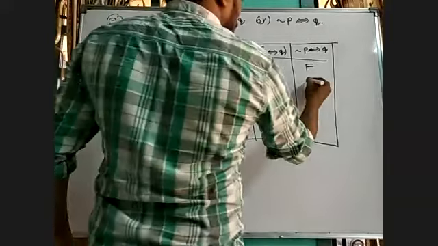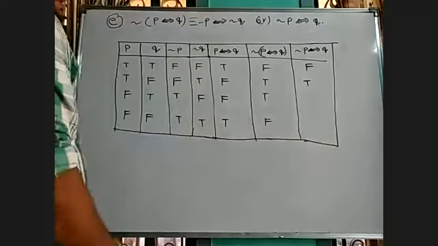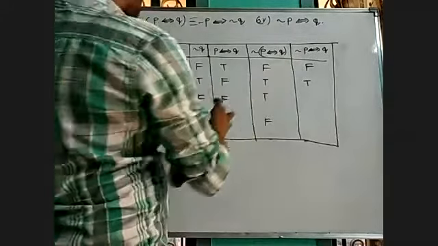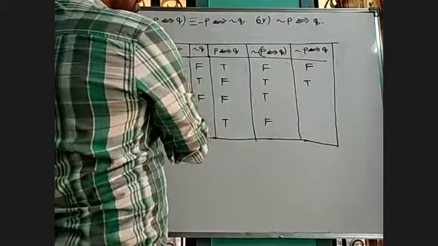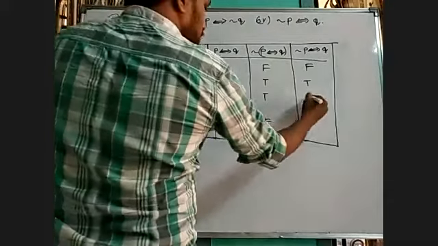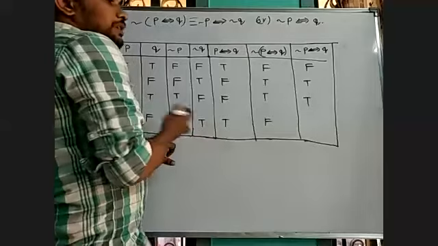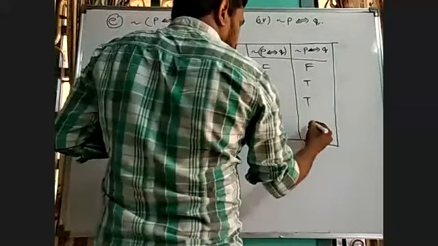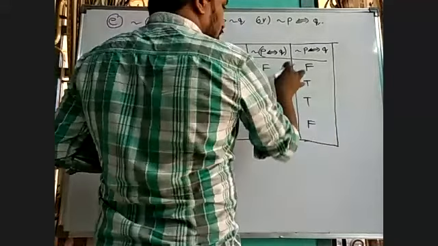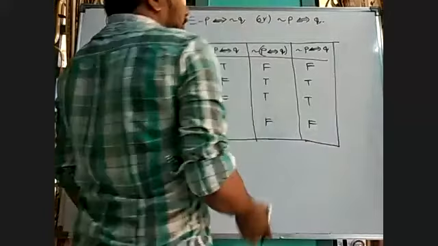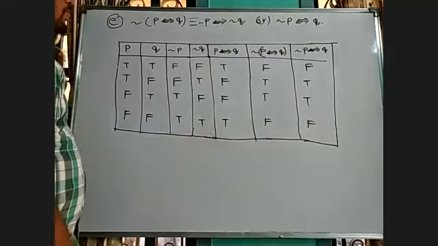What we get? True. Okay. Next, negation of P true tends to Q. What we get? This is also true. Here, this is true, this is false. It is not balancing. That's why I'm writing this is false. Okay. From this, these both are equal. It is logically equal. Okay. Write it.